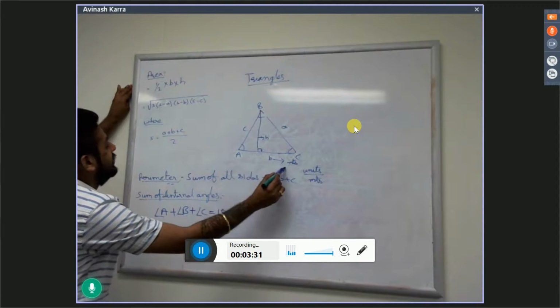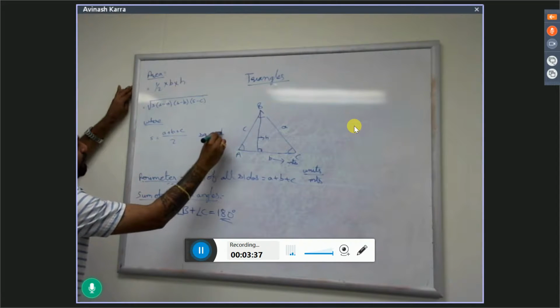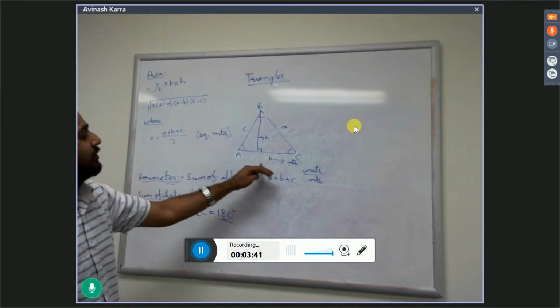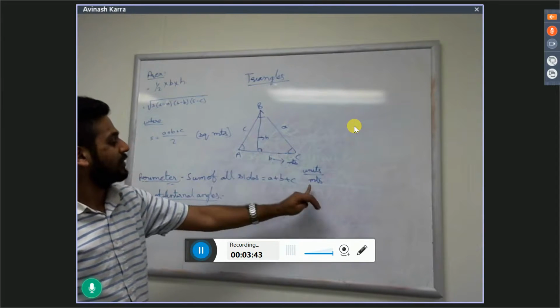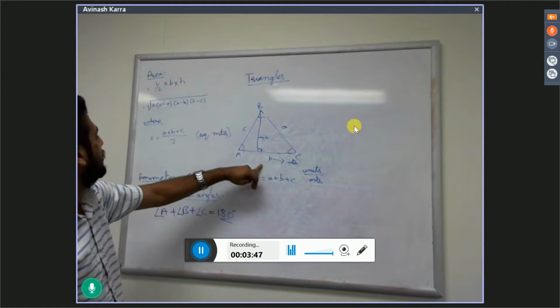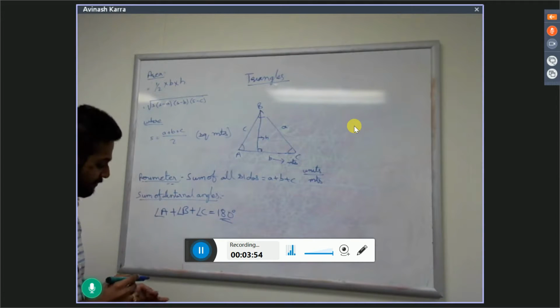The units will be square meters, or meter square, whatever you call it. The same way, if it is in centimeters, the units will be centimeters for perimeter, and for the area, square centimeters. So these are the few things you need to remember.